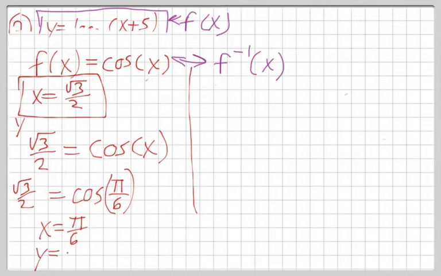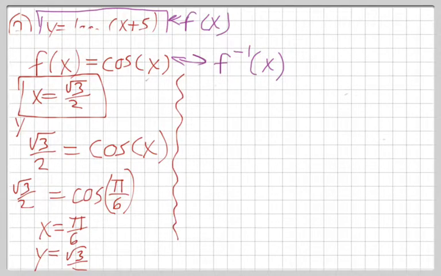Okay, so let's take a look at the derivative. Remember, the derivative formula for the inverse says to find the derivative of the inverse, and you can refer back to your notes, since it is the chain rule.